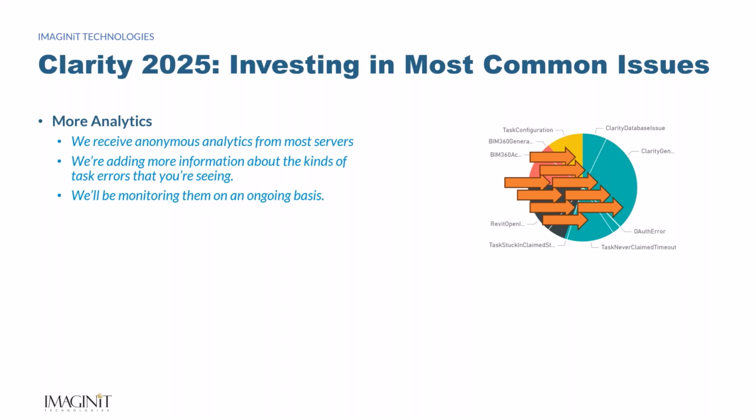And we're going to use that on an ongoing basis to better monitor what's going on out there in the world right now, and basically just be more proactive about jumping on anything that we see is going on, whether it's been reported through support or not. Our goal is to make Clarity, again, more stable, more predictable, and we're going to use the analytics from your servers to see that that's happening.